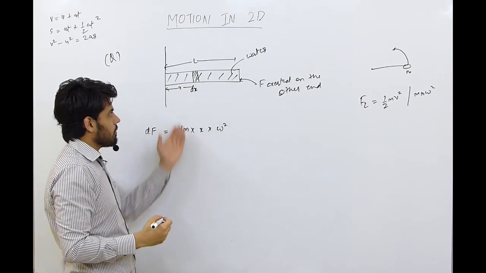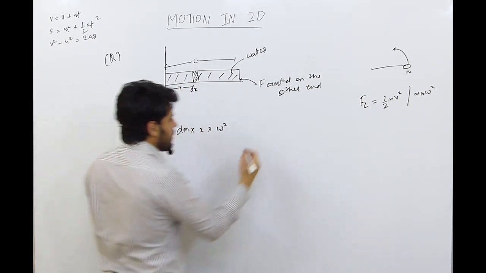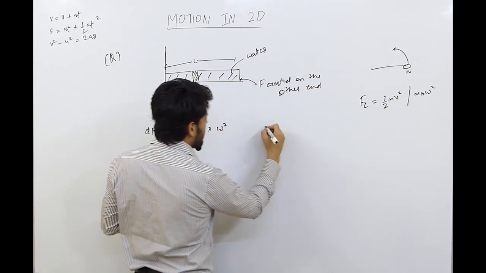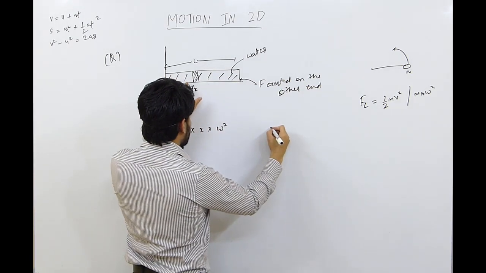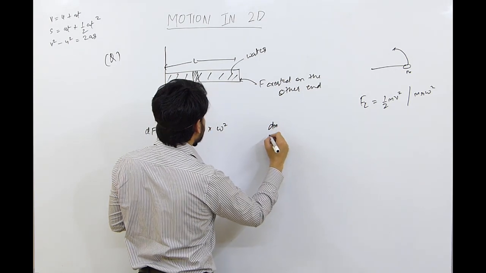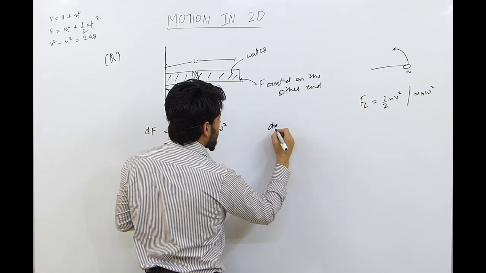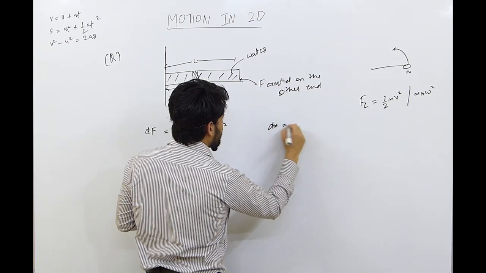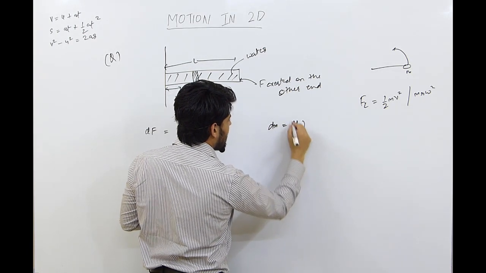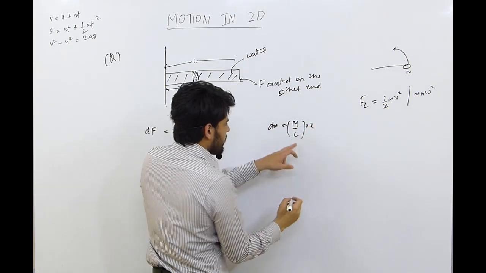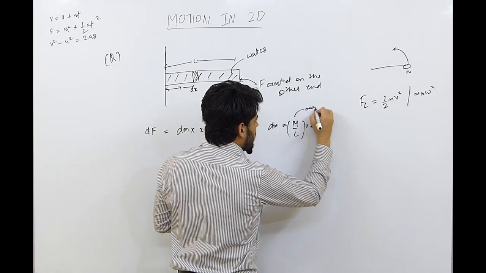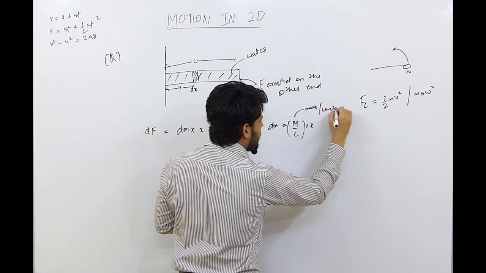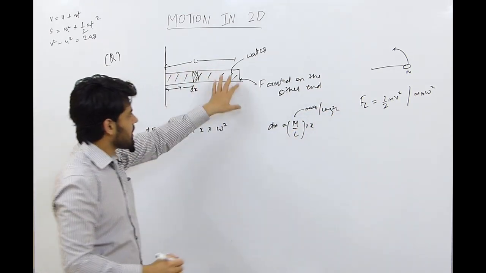So what will be the mass of this object? You can calculate by the linear variation, like dm is equal to m by l into dx. This is mass per unit length. Mass per unit length is total mass divided by length.